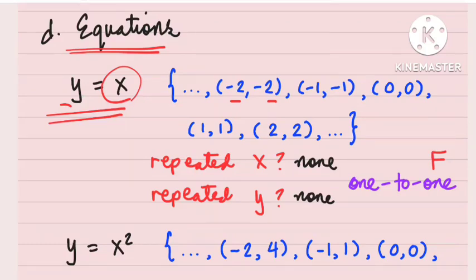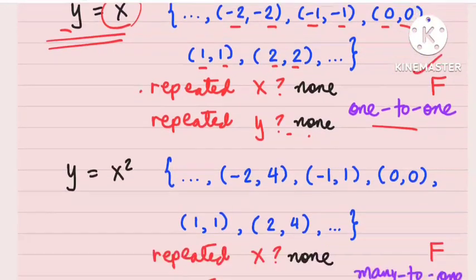Since y is equal to x, my input and output are equal. Are there repeated values in x? None. Are there repeated values in y? None as well. Therefore, the correspondence is 1 to 1, meaning this equation is that of a function.